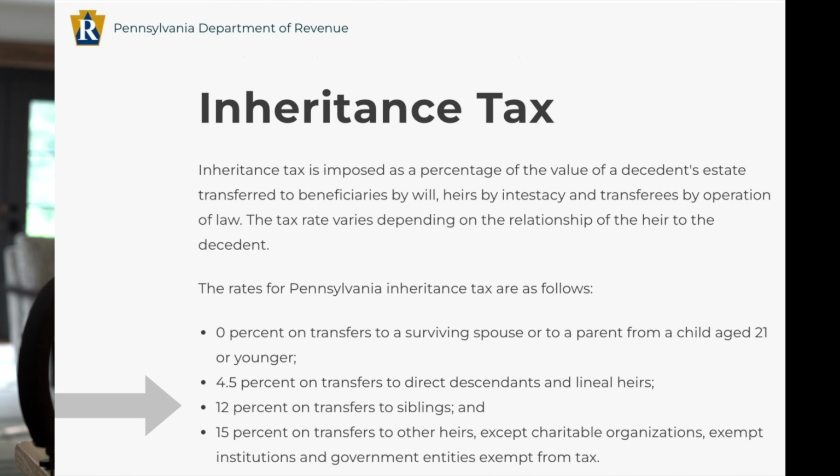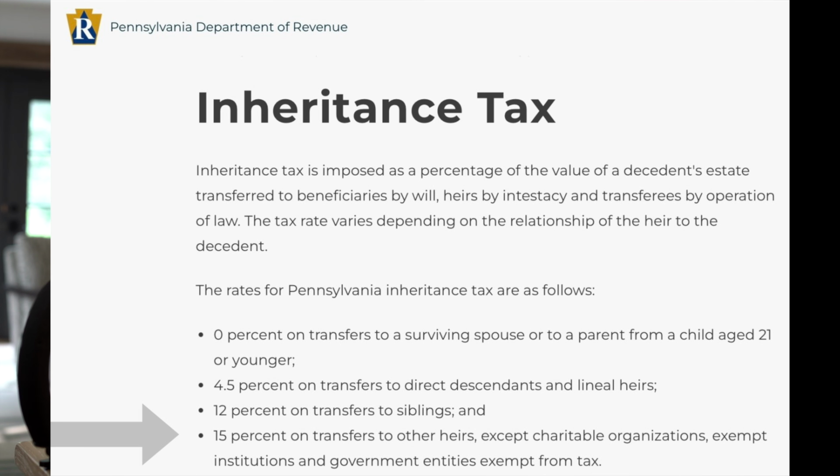Anything that passes to a sibling is subject to 12% tax, and anything passing to any other person, so a non-relative, this could be a friend, it could be a distant relative, someone who isn't captured within the previous examples that we gave. That includes cousins, it includes nieces and nephews.